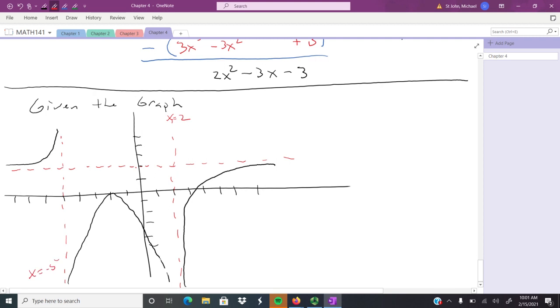Right? So that would mean that in terms of my denominator, okay, and what's going on here? Well, let's see. We have to have an x minus 2 to give me that one. We have to have an x plus 5 to give me the other one. Right?